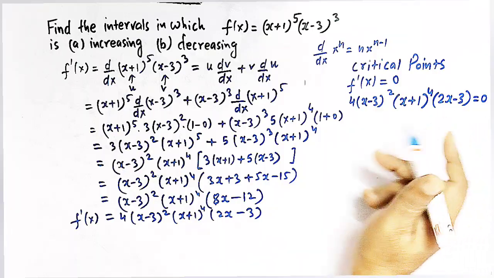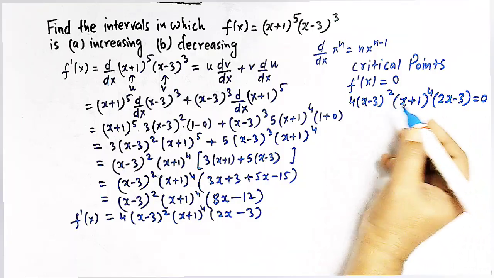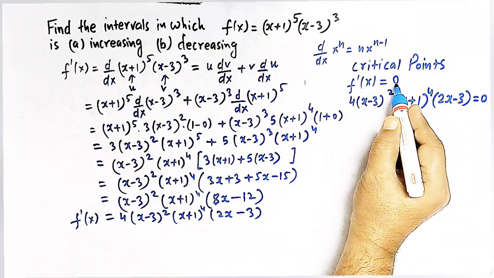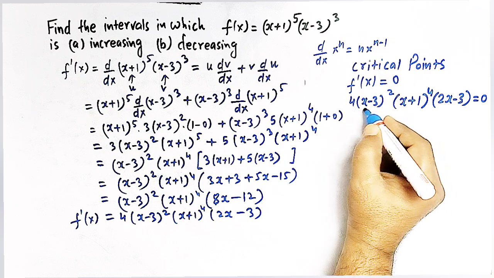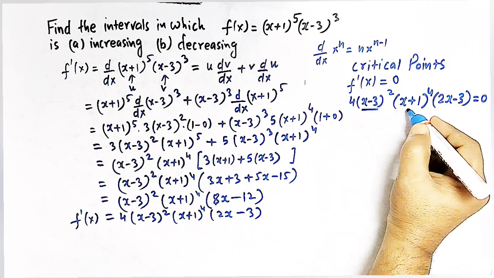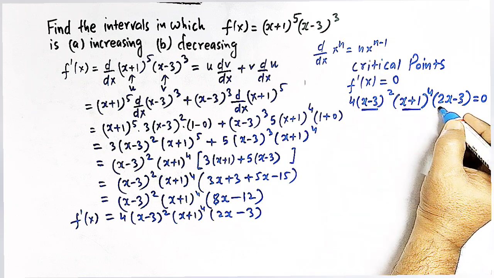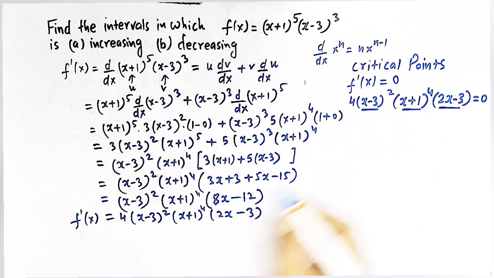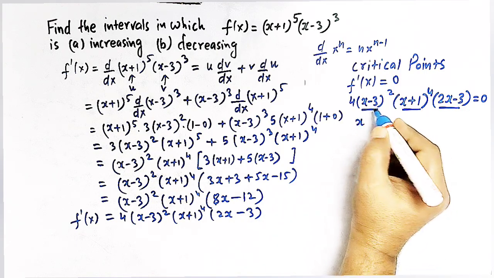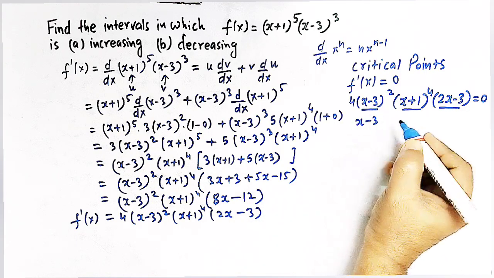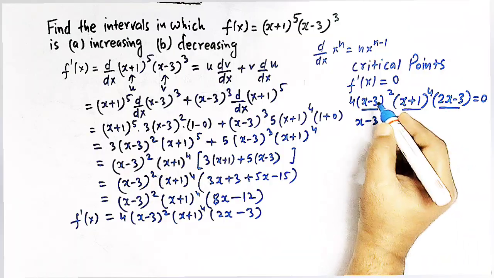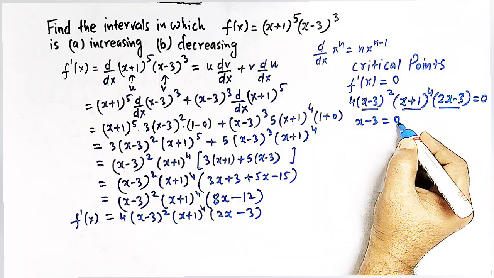From here we can easily see that when f prime of x is 0, this factor is equal to 0, this factor is equal to 0, and this factor is equal to 0. So we have x - 3 equal to 0, that is, (x - 3)^2 is equal to 0.